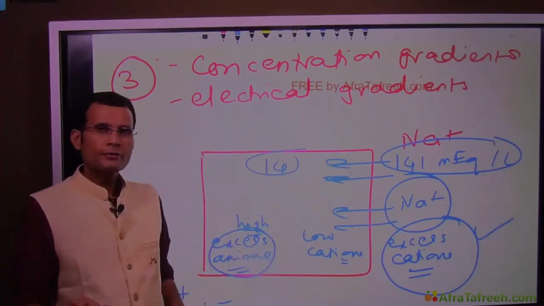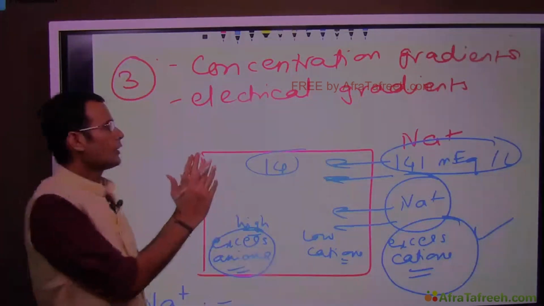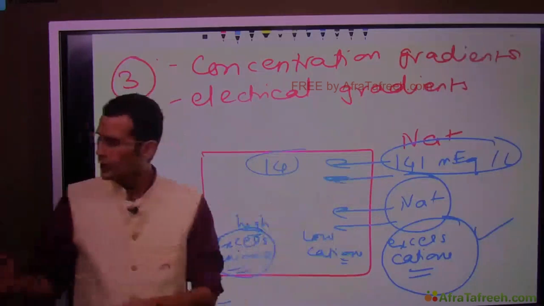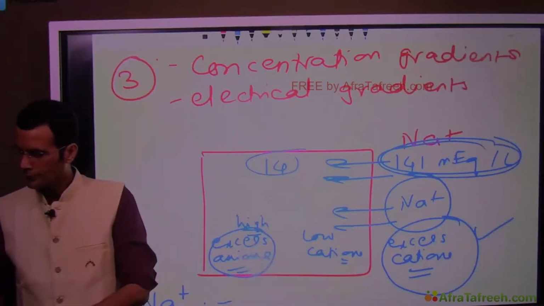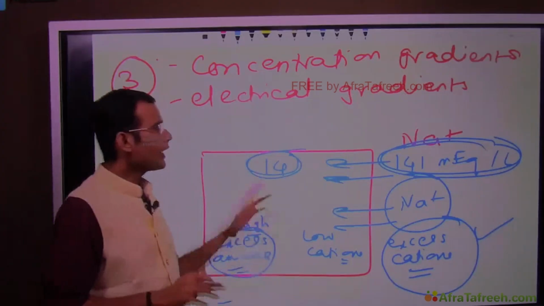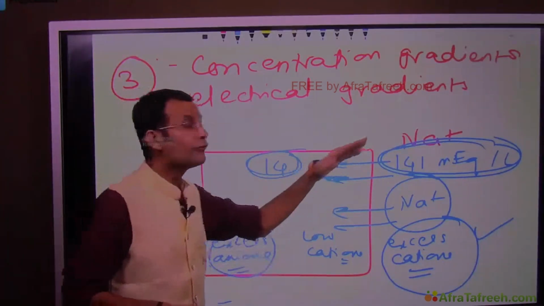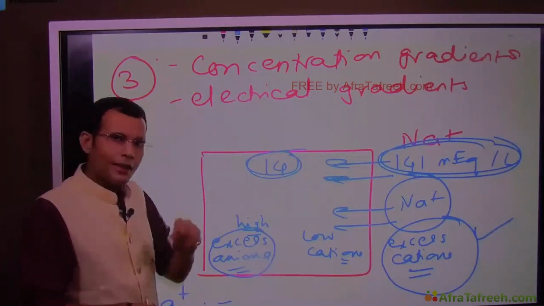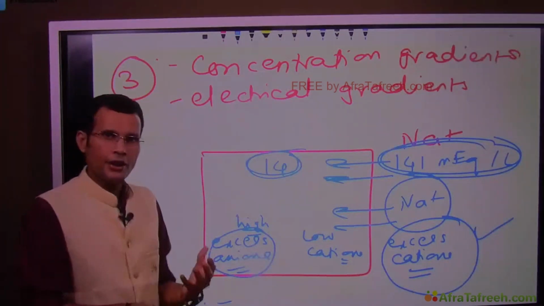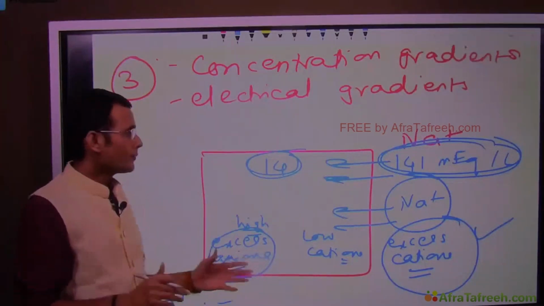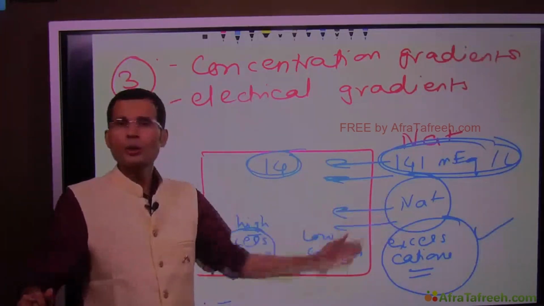concentration gradient, I mean the concentrations of that particular ion. Sodium 141 milliequivalents on the outside and 14 on the inside. So concentration gradient means concentrations of that particular ion. And when I say electrical gradient, it is created by all the cations and anions in those two compartments.